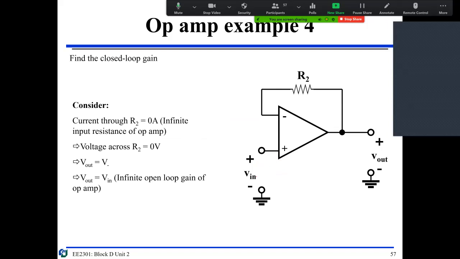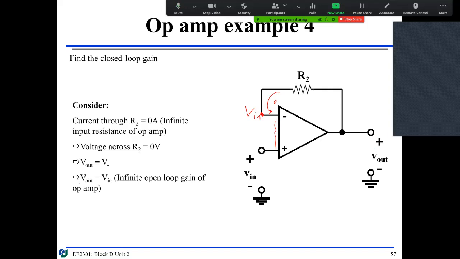So you add this V in, your signal input is here, output is here. Then without any doubt, because the voltage difference in here should be almost 0, this is also V in. So V in and V out should be the same because the current in here is 0. So V in is V out.